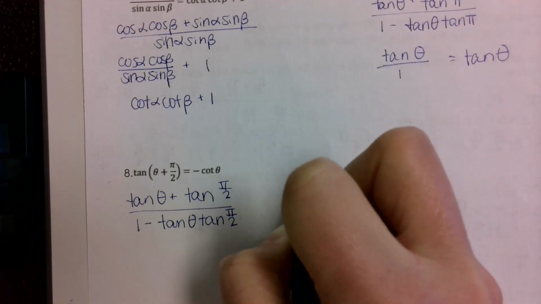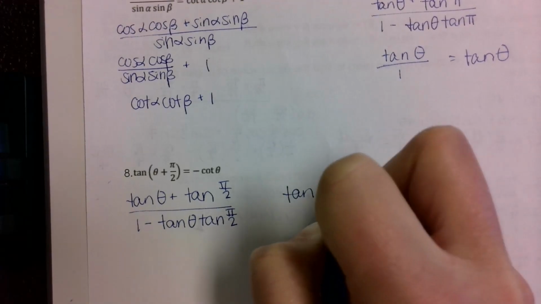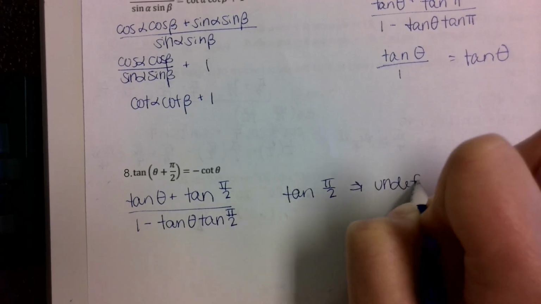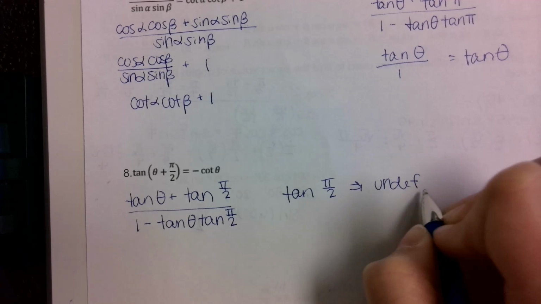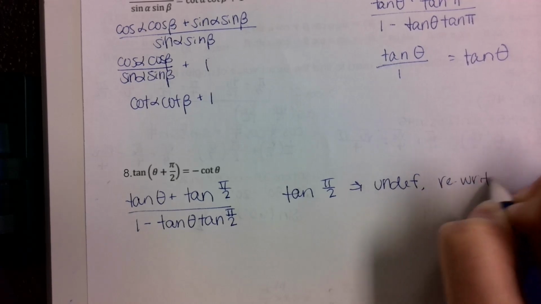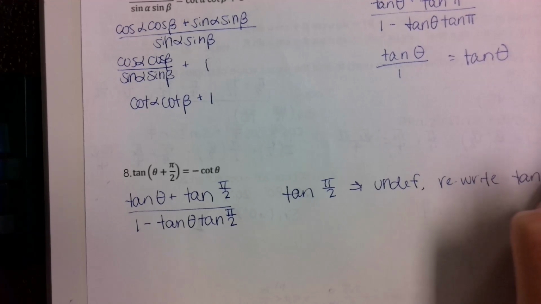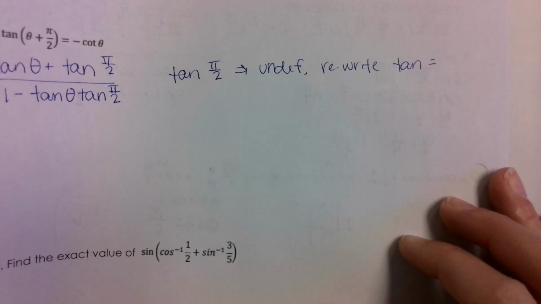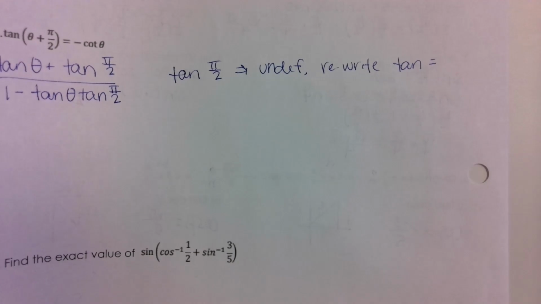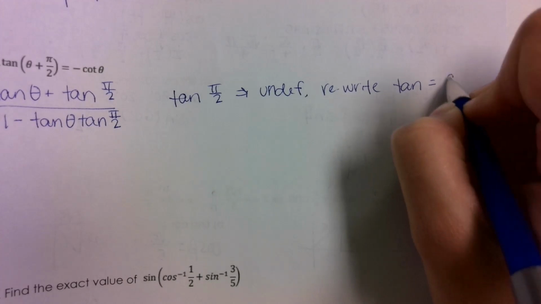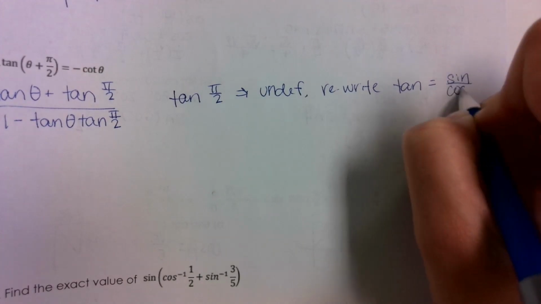Rewrite it as tangent equals what? What is tangent equal? 1 over cotangent. But wouldn't that still be undefined? Okay.